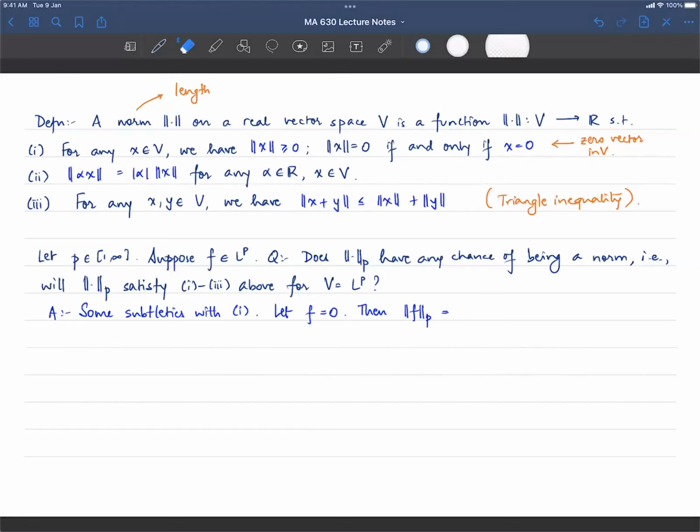Let f be in L^p. The norm of f in L^p will be greater than or equal to 0, no problem. So this first property, which says that for any vector x, norm x should be greater than or equal to 0, is true.